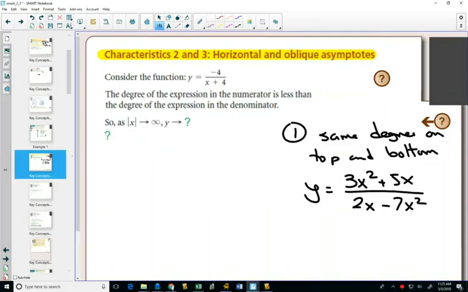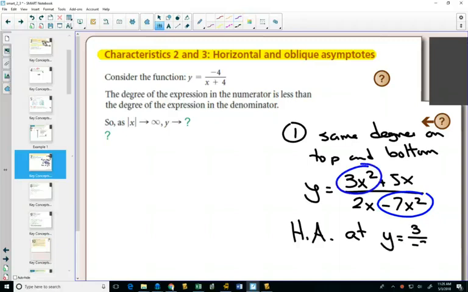The biggest degree on the top is an x squared. The biggest degree on the bottom is a negative 7x squared. Any time that the degree is the same on the top and the bottom, you will have a horizontal asymptote. And you look at your biggest degrees, and whatever the coefficients of your biggest degrees are, that's going to be your horizontal asymptote.